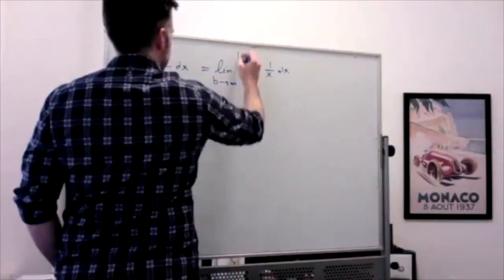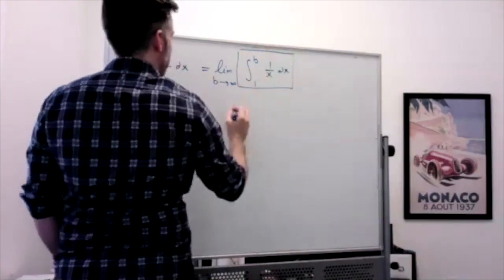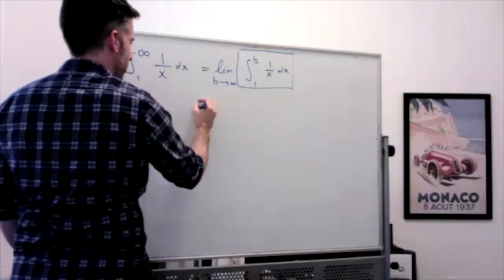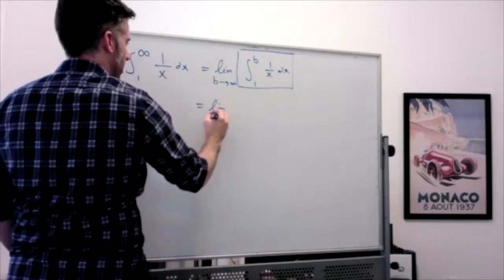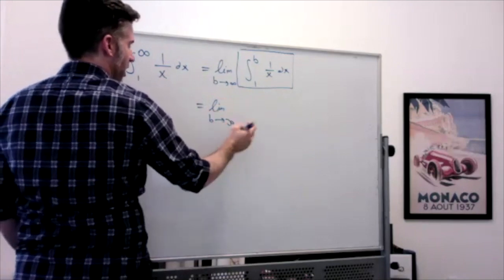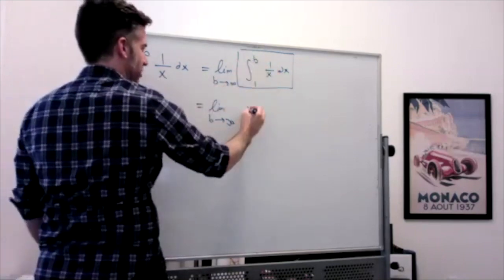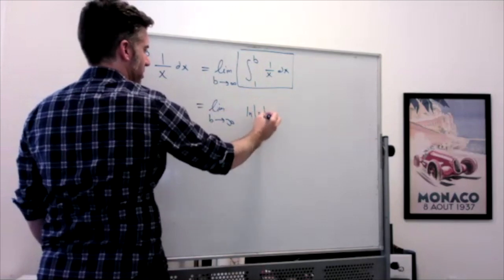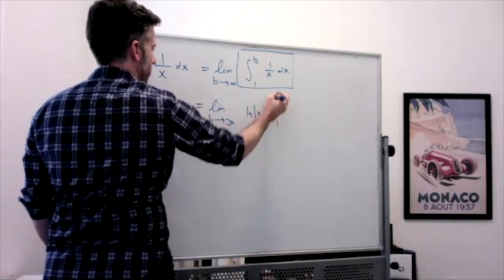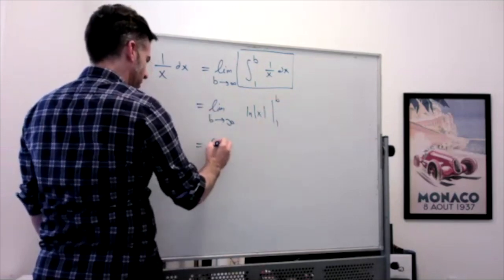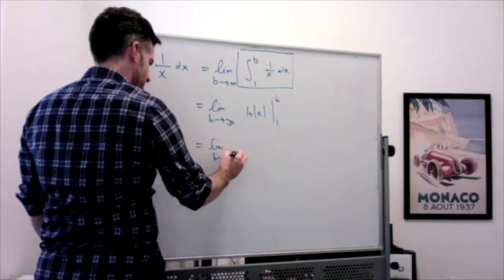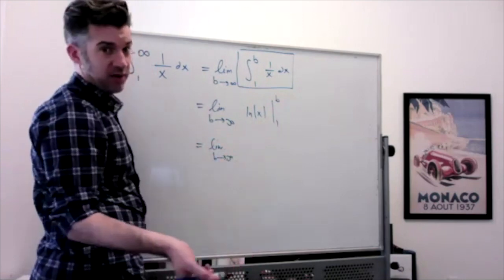And then we're just going to evaluate this integral like we usually would, with this limit just hanging out in front. That's going to be the limit as b goes to infinity of, well, we know how to integrate that. It's the natural log of the absolute value of x from 1 to b. We're going to plug in our limits of integration. B is positive, so I don't need the absolute value.